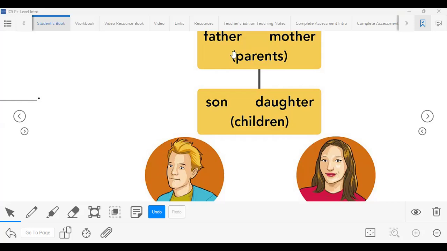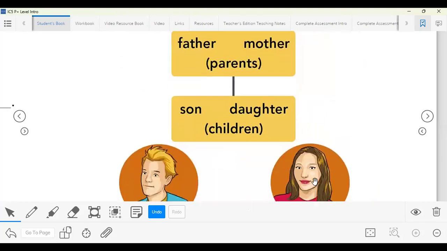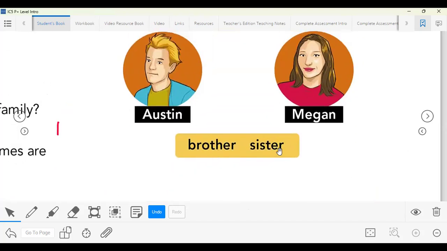It's equivalent to what? Hijo. So we use it for niños and for hijos too. Okay. And together, that is the common word for father and mother, parents together, not separated, right? Together, parents, together, children. And they are brother and sister together.